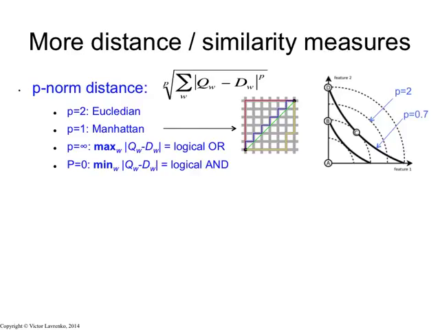What I have here is a bunch of vectors or points in two-dimensional space. Let's say I'm measuring the distance from A to all other things. If I'm using normal Euclidean distance with p equal to 2, then points B and C are the same distance from A. Is that clear why? They're on the same iso line. So B and C are equally far, and D is a lot further than either of them.